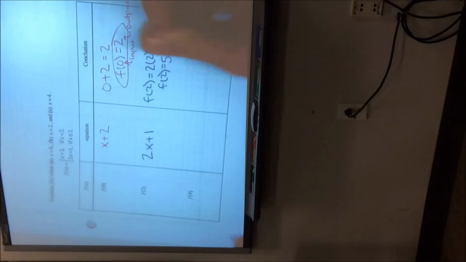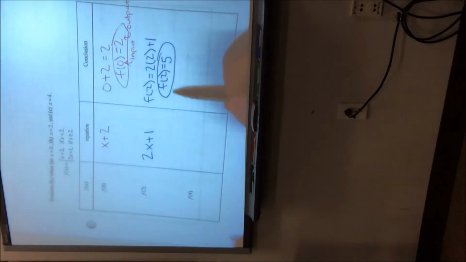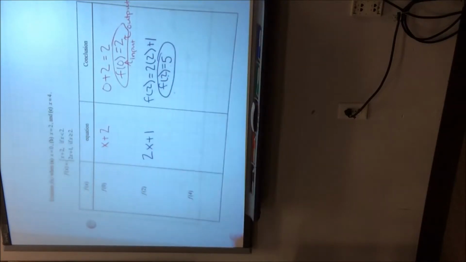So my function, when x is 2, is 5. My x value is 2, my y value is 5, if I were to plot that point on a graph. Input is 2, I get out a 5. (2, 5) would be the ordered pair.